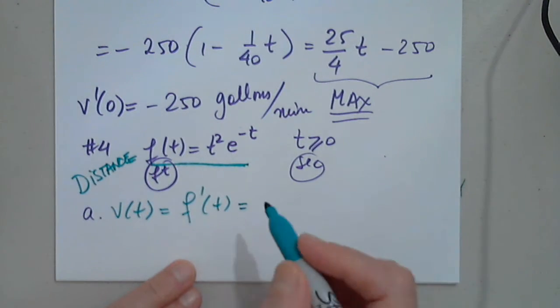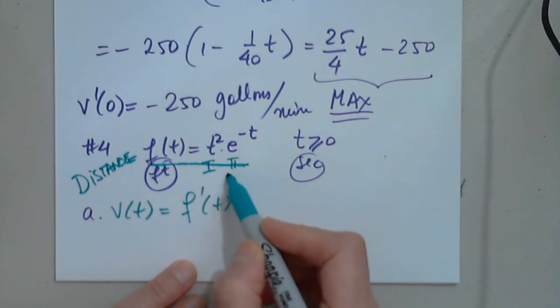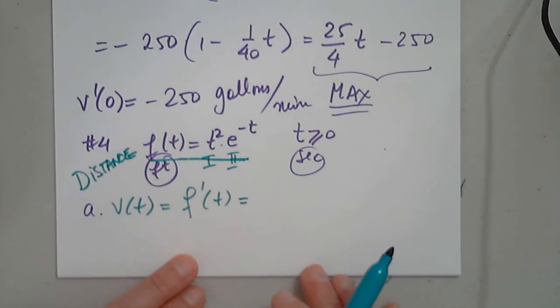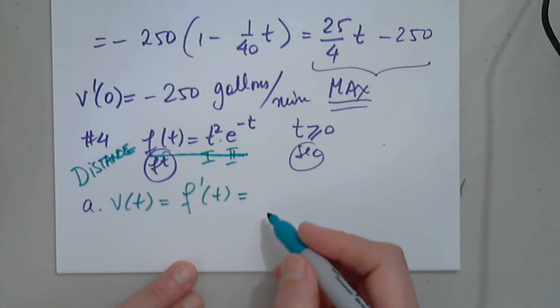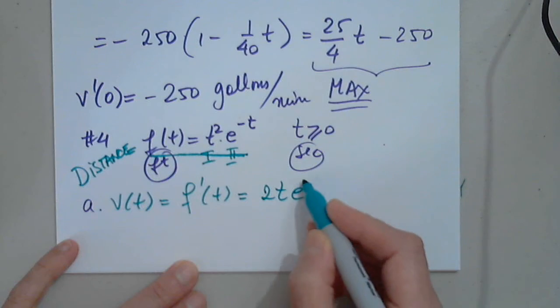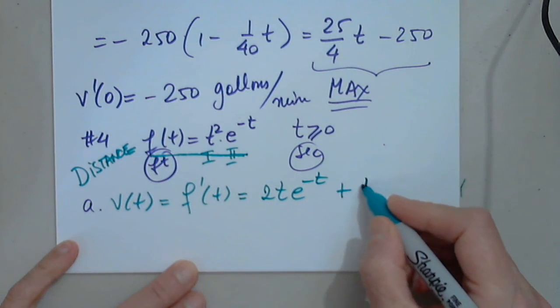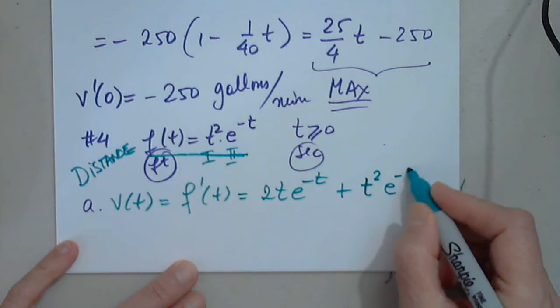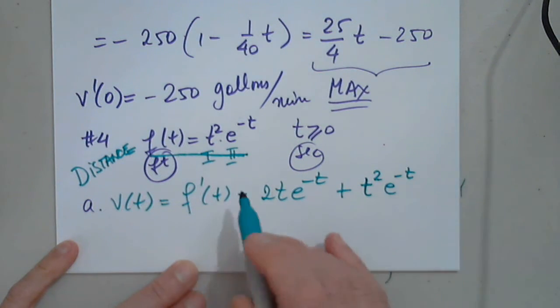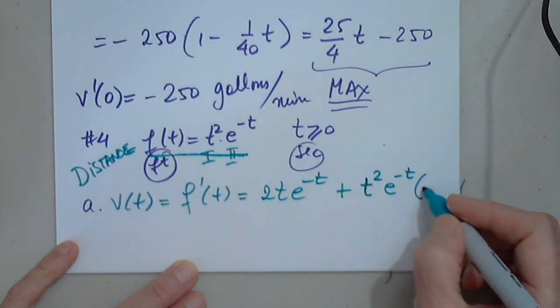Good. So now remember, this is a product. This is function 1 and this is function 2. Can anyone apply the product rule and tell us what to write? 2t e to the negative t. Excellent. Plus the first function times the derivative of the inner function.